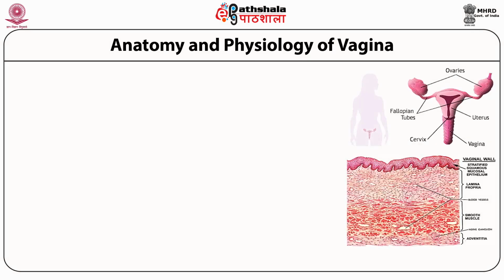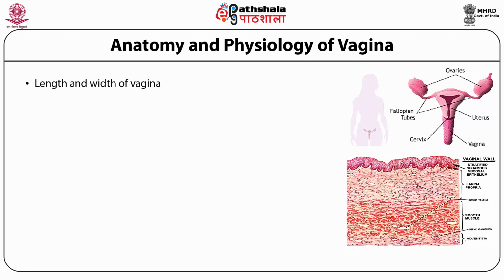In front of you is a diagram of the anatomy and physiology of the vagina. You can see the different structures associated with the female reproductive organ. Amongst them, one of the major parts is the human female vagina.